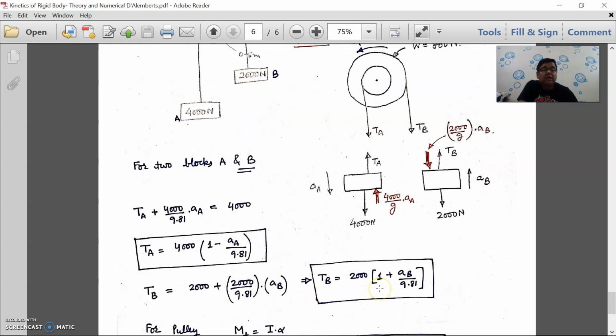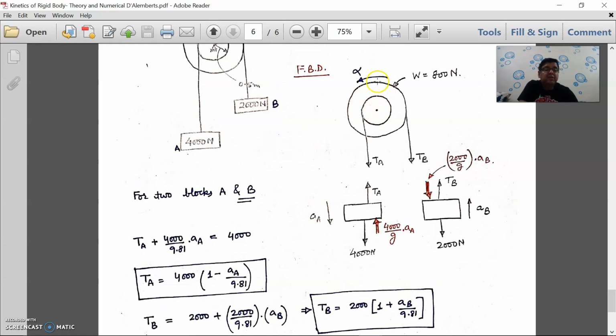For the pulley, which is the driving pulley, the two driving forces are TA and TB. Since the pulley is moving in this way, the total driving moment will be 0.5 into TA minus 0.75 into TB.